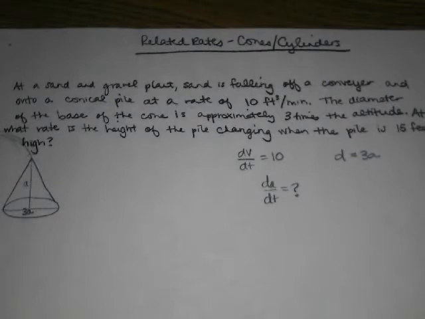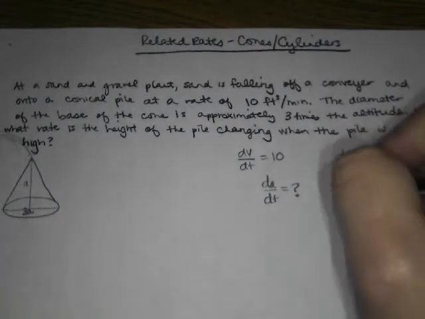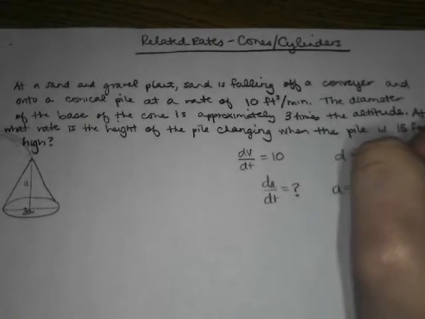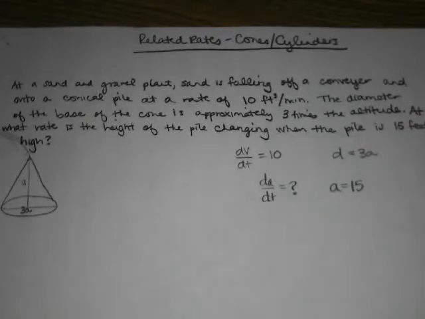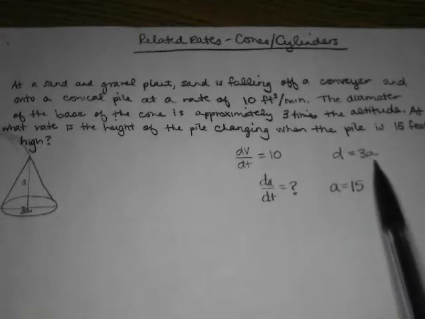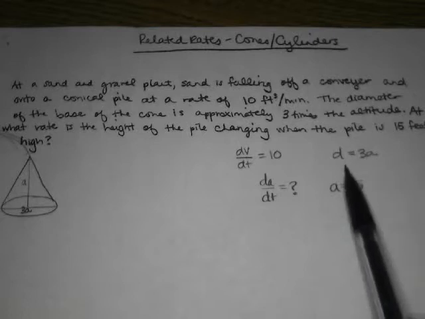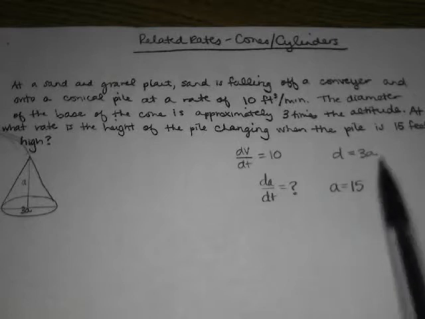So what's that 15? A, good. So really nothing is constant at all here, other than the relationship between the diameter and the altitude. The diameter is always 3 times the altitude.